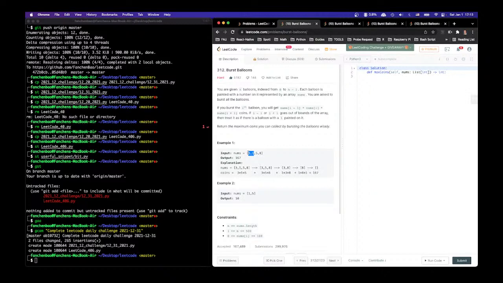Why? So after I remove the value, then the maximum is, of course, 1 times this, and then helper.